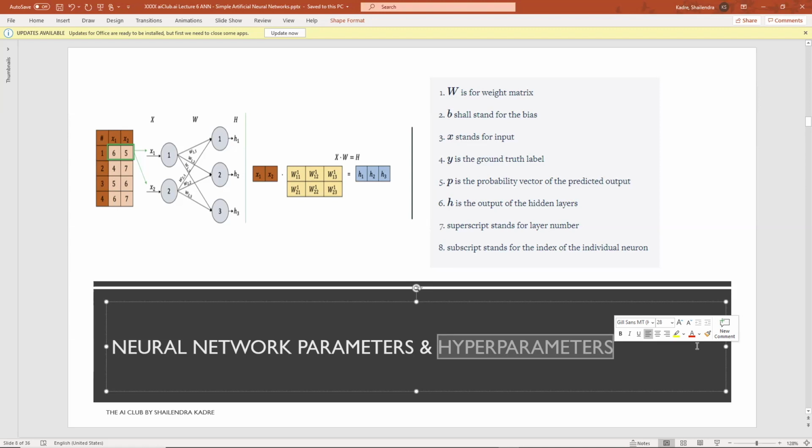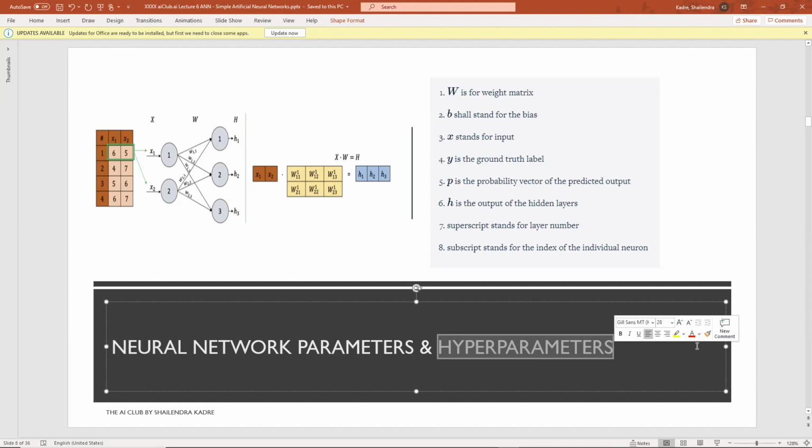So hyperparameter, if I compare, it is nothing but the handle and accelerator of the car. Steering wheel and accelerator, I would term that as hyperparameter, because they control how my car behaves, whether it goes left or right, how fast it goes.